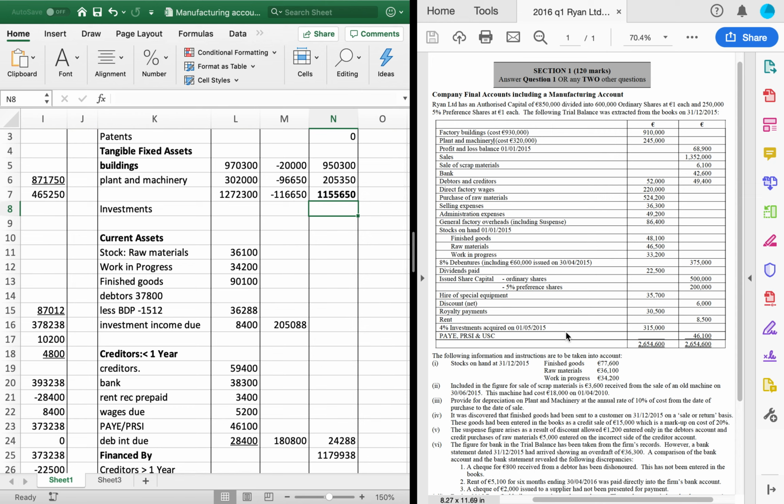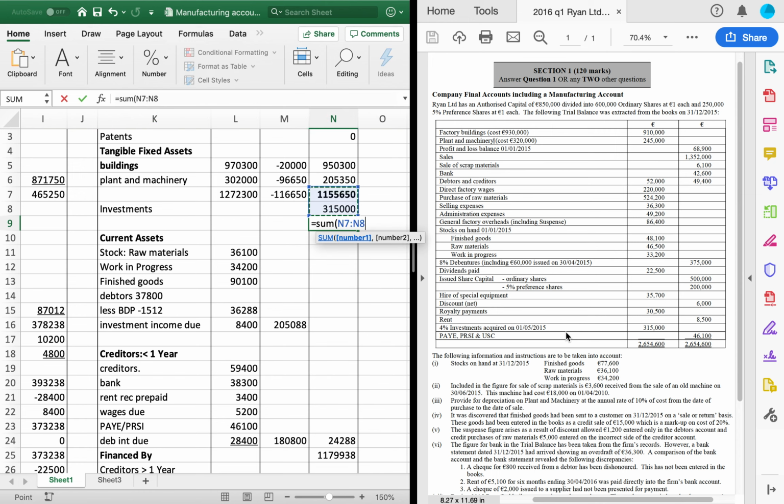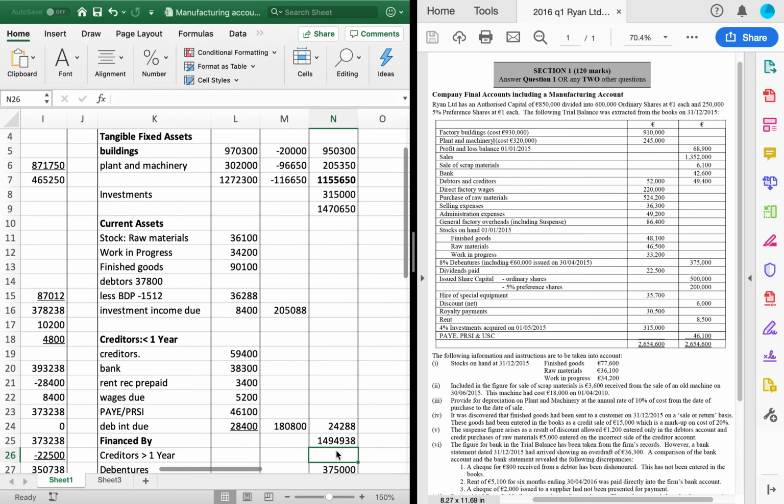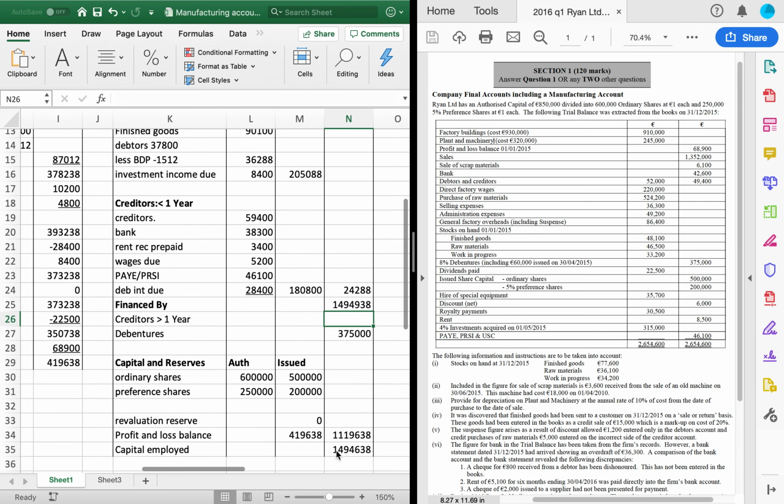So they're 4% investments, 315. So add them on then. And you get 1,494,938. And there's a difference between 1,494,938 and 1,494,638, so 300.